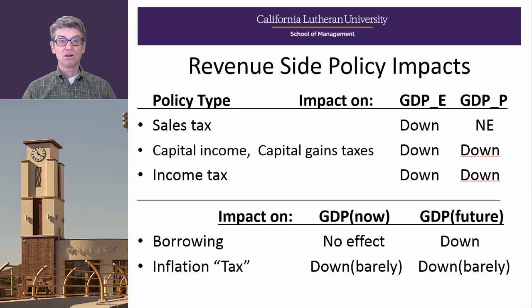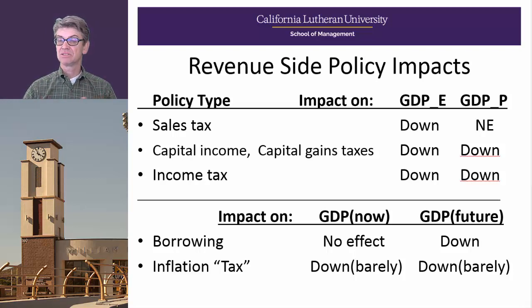Okay, let's look at the long-run impact. On the long-run side, the sales tax doesn't have a big effect on potential GDP because it doesn't enter into that construct that we talked about, where we talked about what are the inputs that are needed to produce all the goods and services, right?